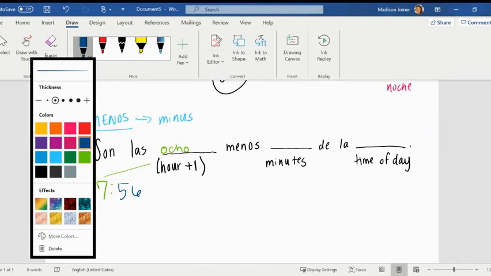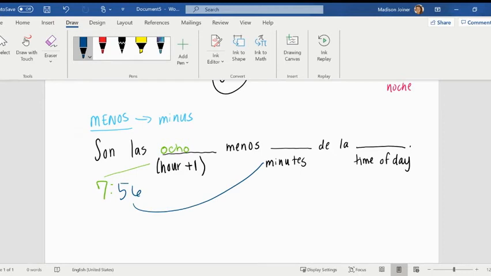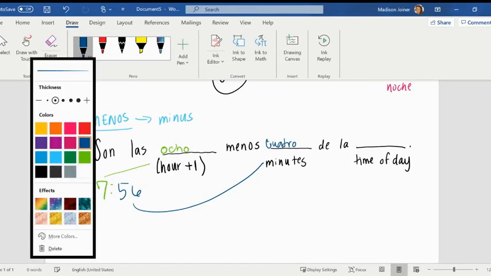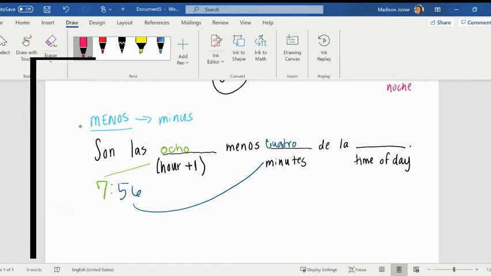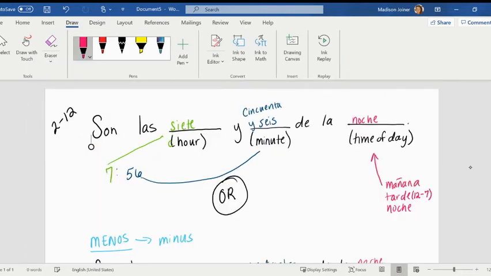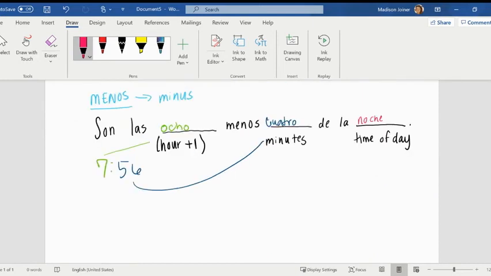How do I get that to 56? And what am I subtracting? Well, that's minus 4. I'm going to put menos cuatro. And time of day, super nice, is still noche. So how this reads in Spanish is it is 8 minus 4 at night.